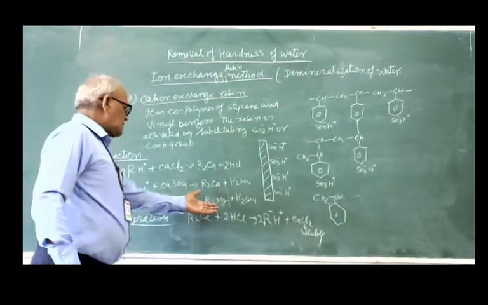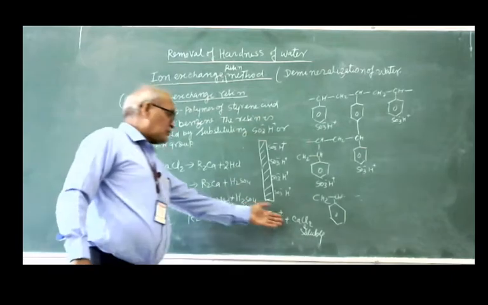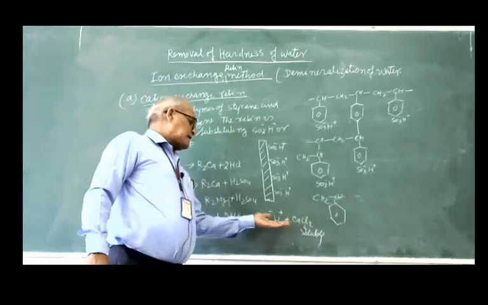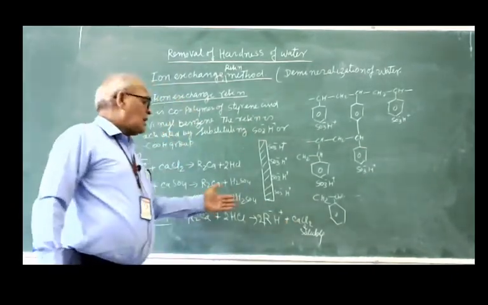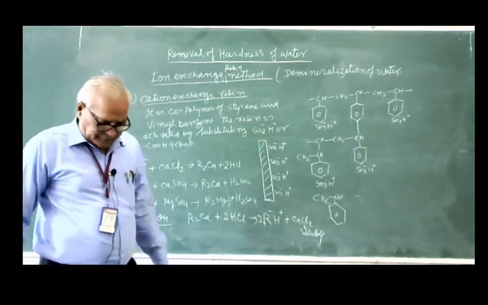Similarly, magnesium chloride is soluble, so you can flush it out. Calcium ion and magnesium ion can be removed and the resin will again become active.